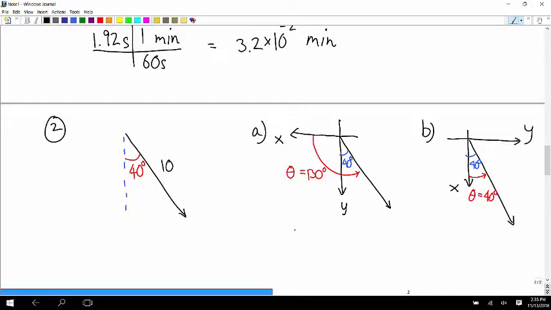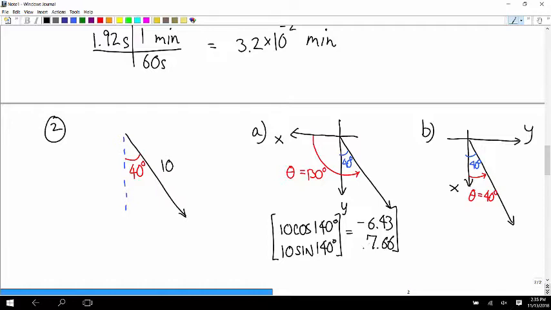So for part A, you have the magnitude of the vector times cosine and sine of 140 degrees. And for part A, you get negative 6.43, 7.66.